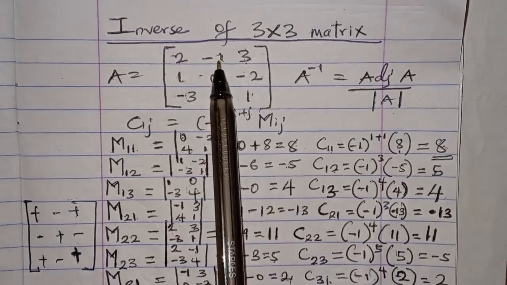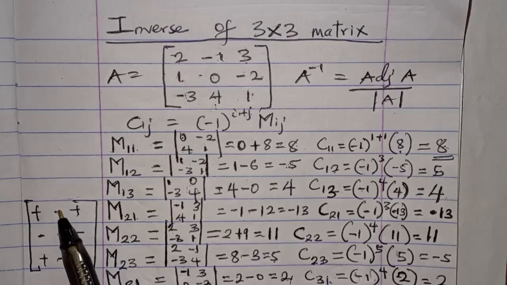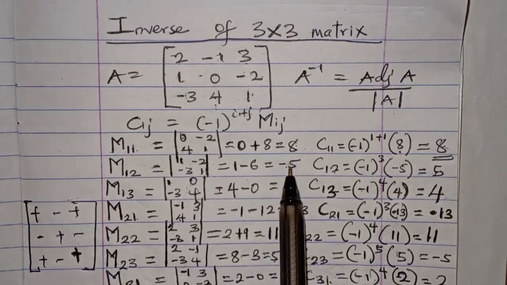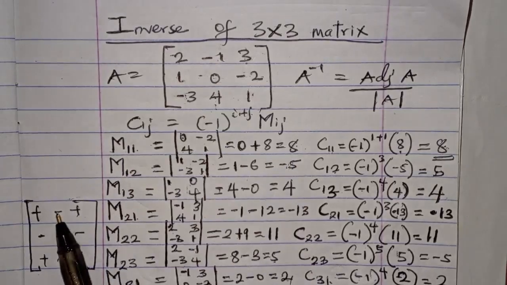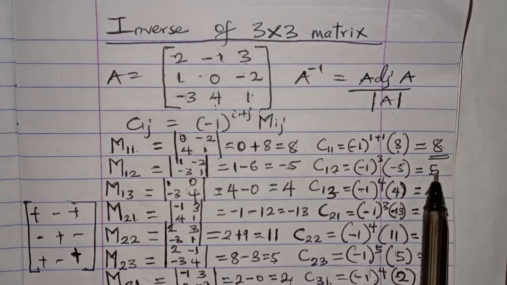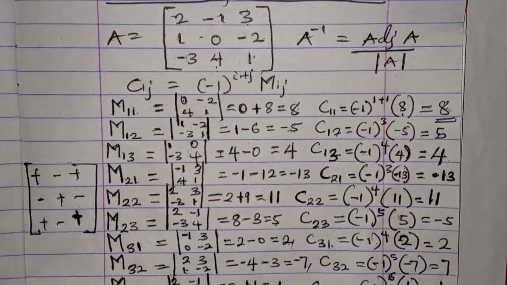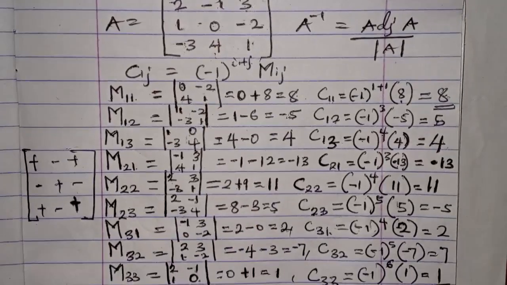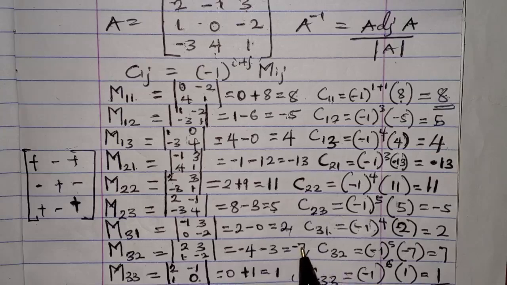Minus 1 has a place sign of minus, right? And the minor of minus 1 is minus 5. So if I multiply minus 1 by minus 5, I will get plus 5. Check this. 4 here has the minor of minus 7.